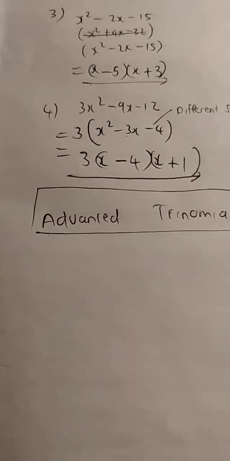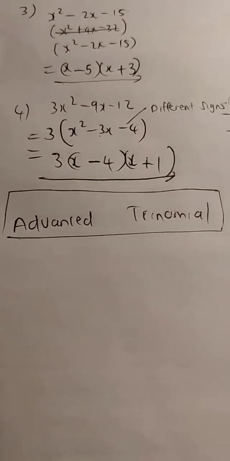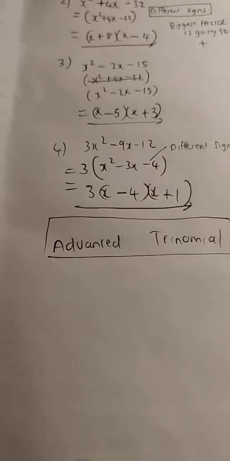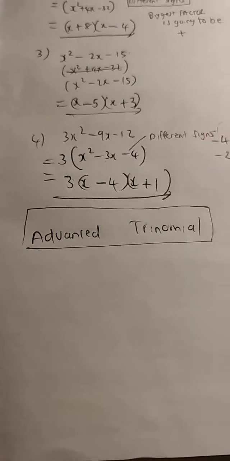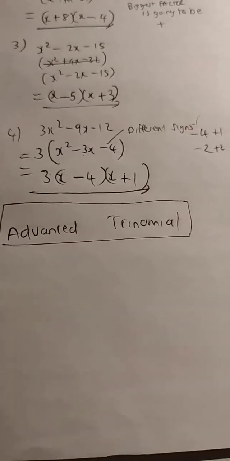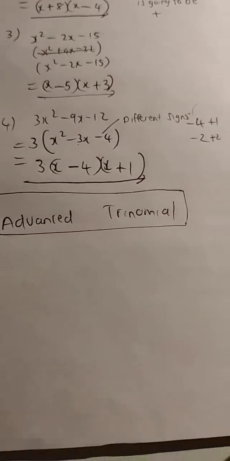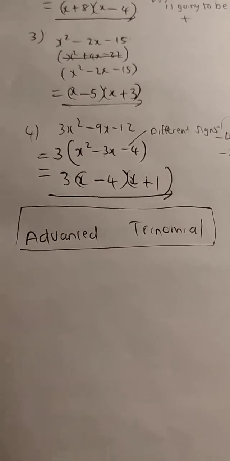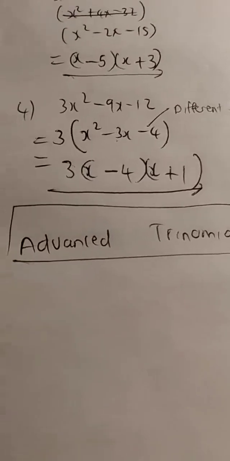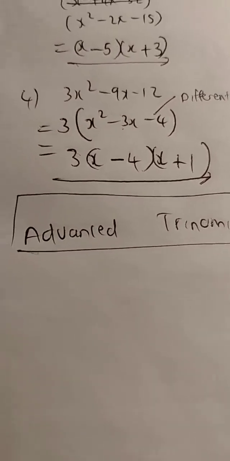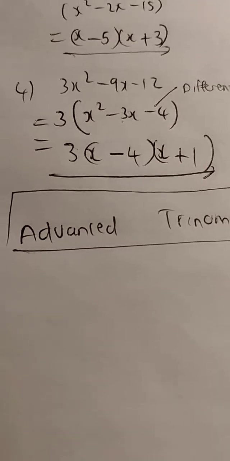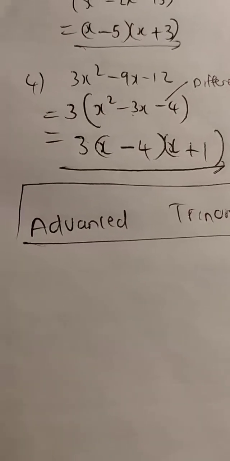The one that is long, where you multiply your A value with your C value, you get the factors which when you multiply give you the product of A and C, but when you add them, they give you the coefficient of the middle term in the actual expression. Then you replace the middle term with those factors, with the variable attached to them.